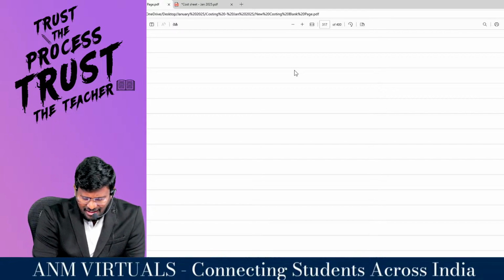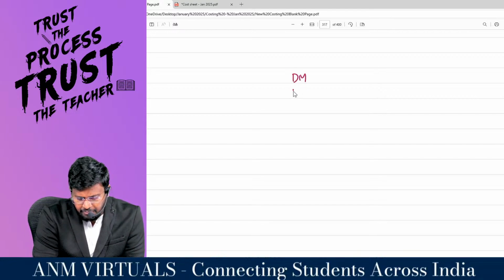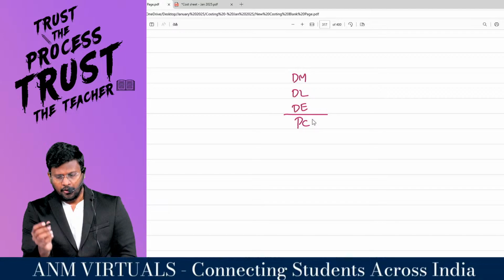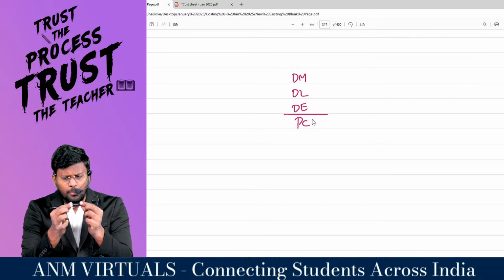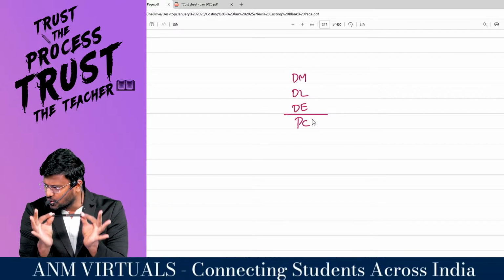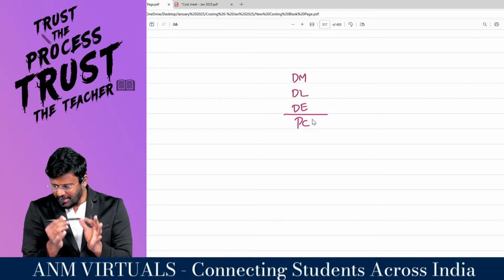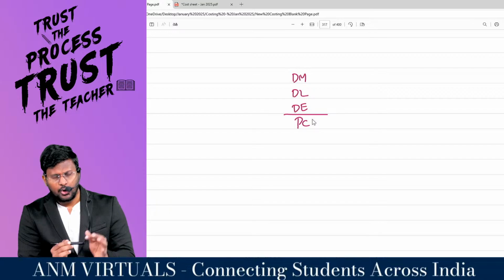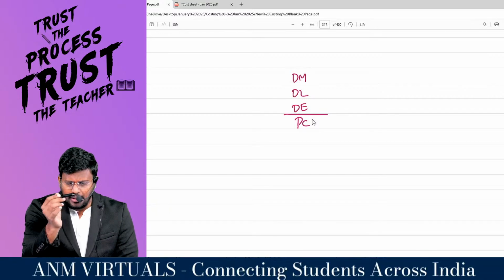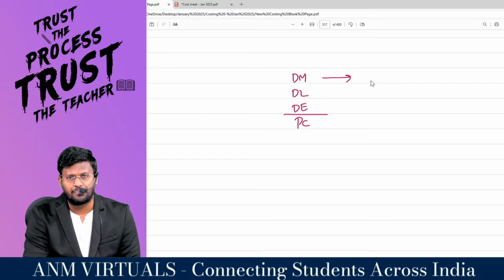Sir, direct material plus direct labor plus direct expense is equal to prime cost. For example, if you are going to manufacture this pen, it is called the cost object. You tell me, in order to manufacture this pen, we need material? Yes, sir.